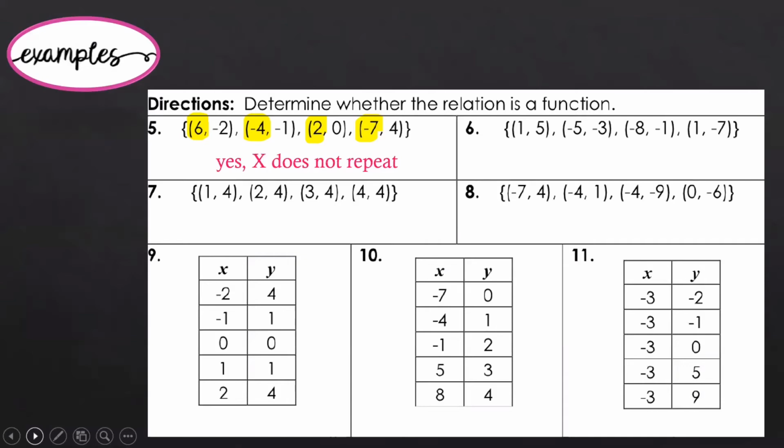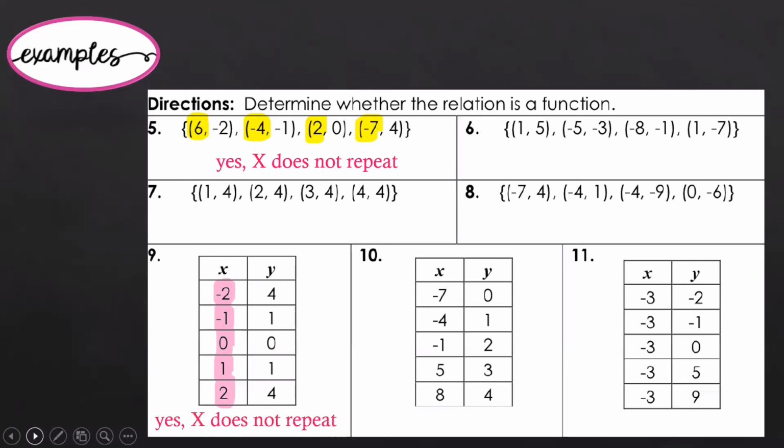Okay, well, I'm going to go jump down to 9. You guys can do 6, 7, and 8, but look at 9. All I'm looking at are my x's. None of them repeated. A -2 is different than a +2. They are at different places on the axis.